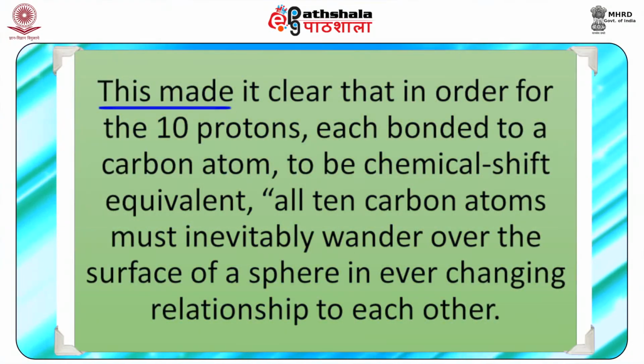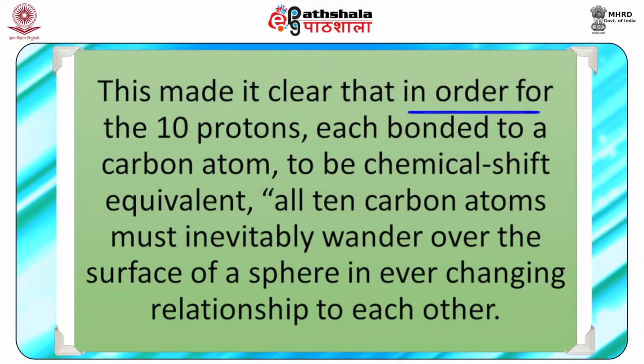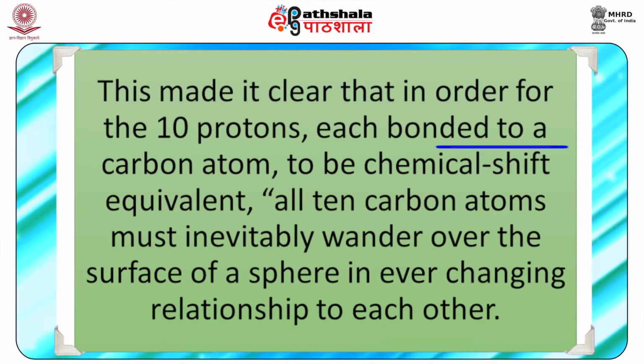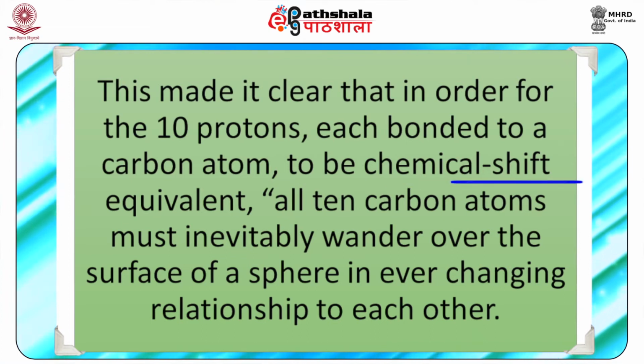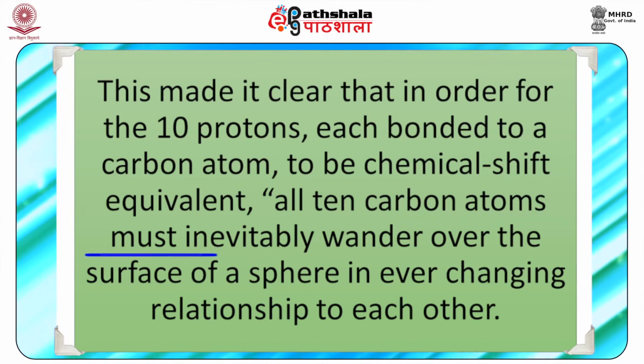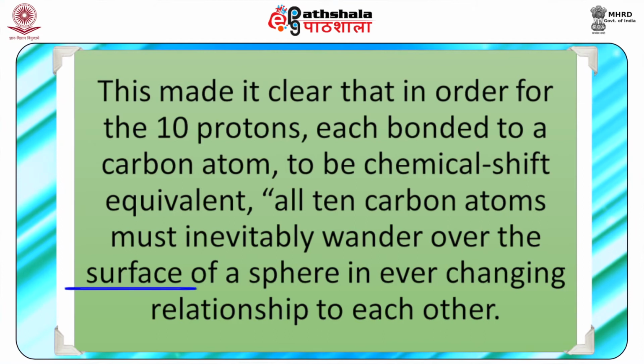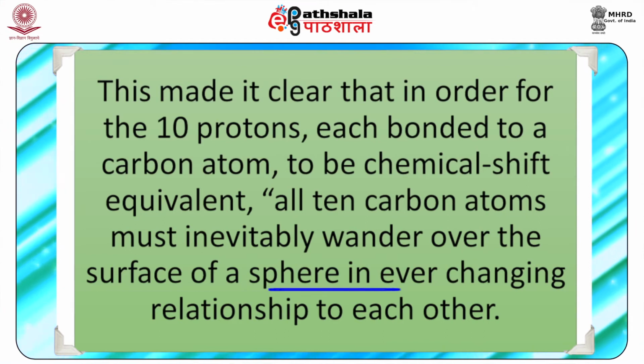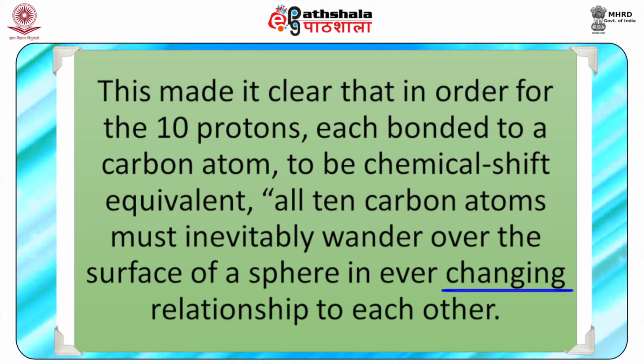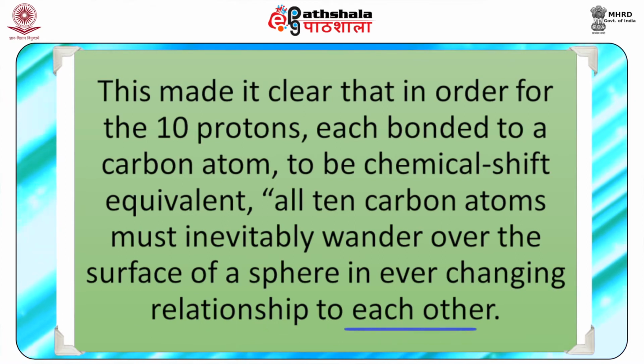This made it clear that in order for the 10 protons, each bonded to a carbon atom, to be chemical shift equivalent, all 10 carbon atoms must inevitably wander over the surface of a sphere in ever-changing relationship to each other.